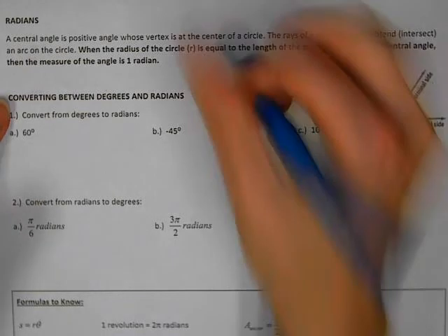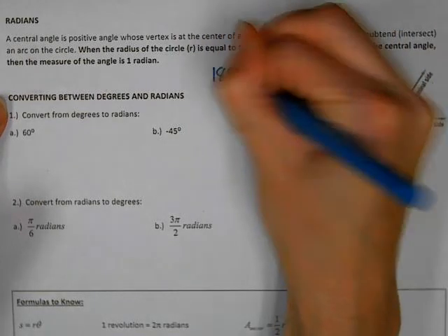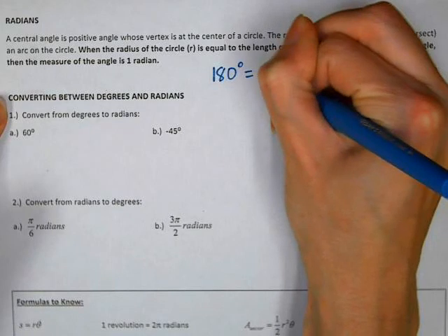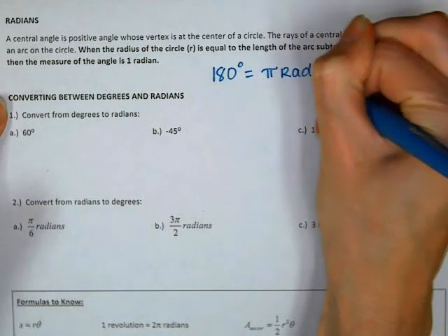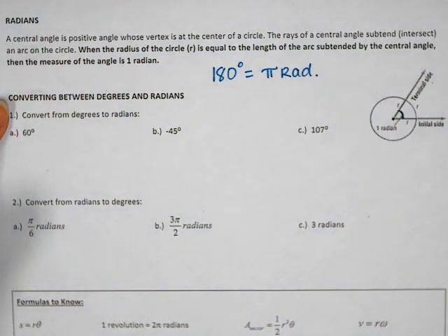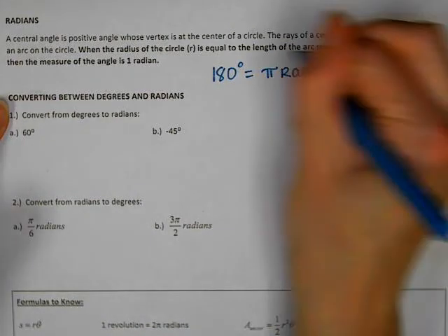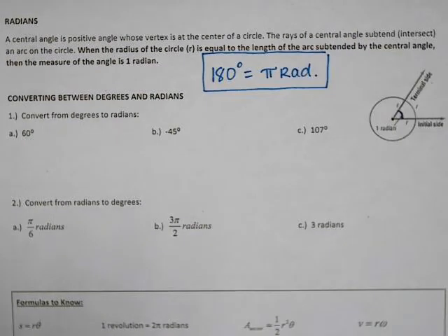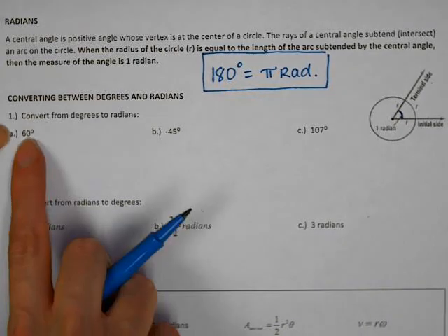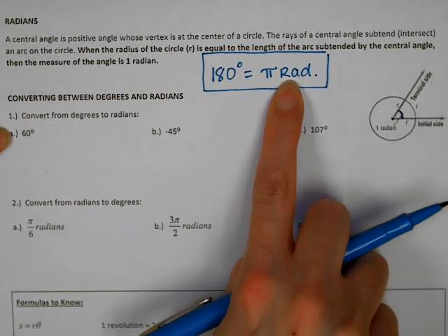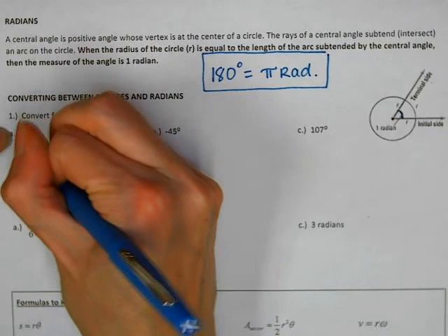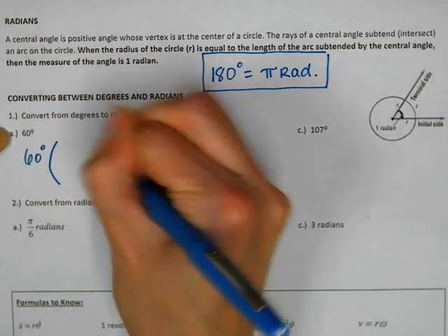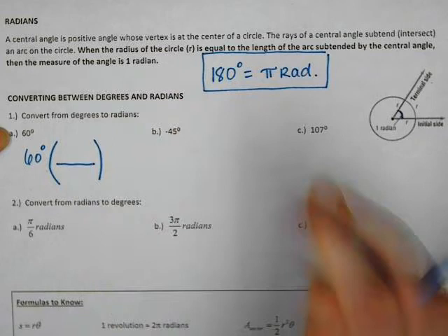And it turns out that 180 degrees is equal to pi radians. Okay, that's going to be a big formula for you guys for this conversion section. Okay, so if you want to convert degrees to radians, we're going to multiply 60 degrees by the conversion.